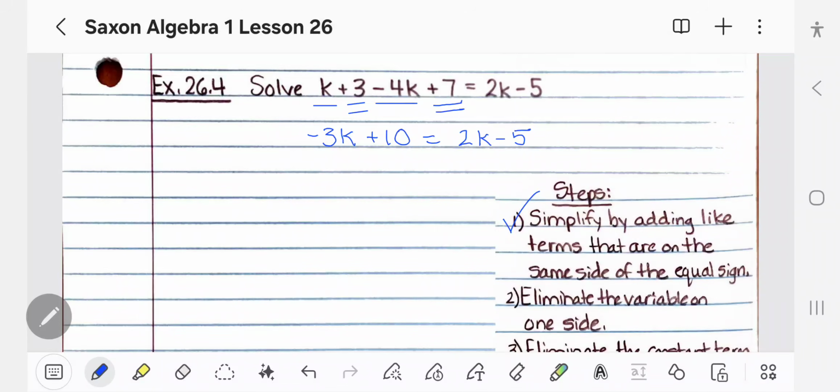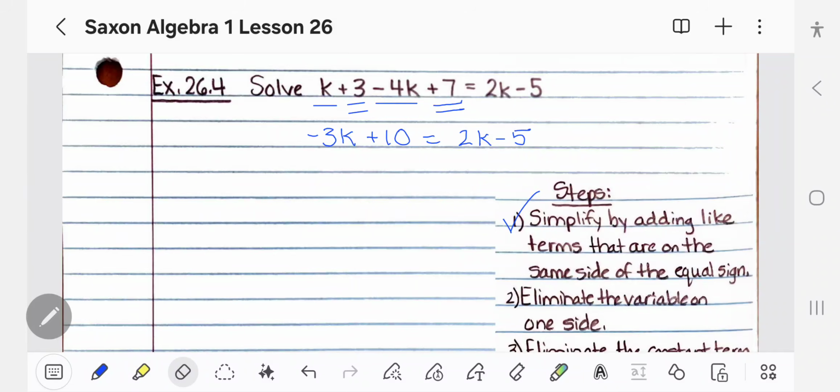Let's look at step 2. Eliminate the variable on one side. Let's see what our options are. I could either get rid of the negative 3k by adding 3k, or I could get rid of the 2k by subtracting 2k. Which do you think would be the easier thing to do for this problem? Well, the book chose to add 3k to both sides. Why do you think they would do that?